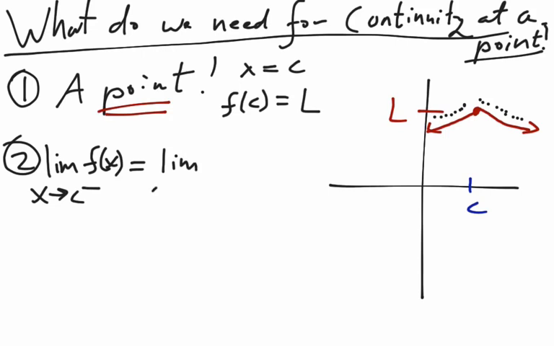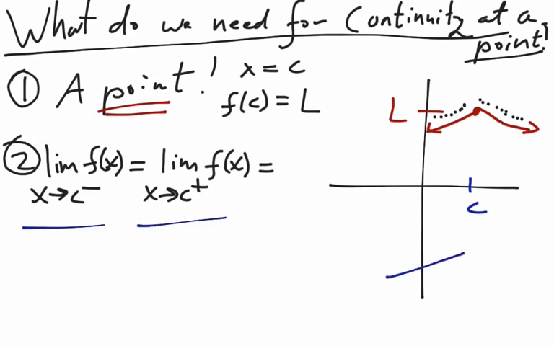So we should be able to see and convince ourselves that the limit from the left has to be equal to the limit from the right, and one more condition. If it was just these two conditions, you could have a situation where the function's down here, comes to a hole, goes away. These two conditions are satisfied. But this is not satisfying our continuity, because there's a hole here and that would jump up and come back down.